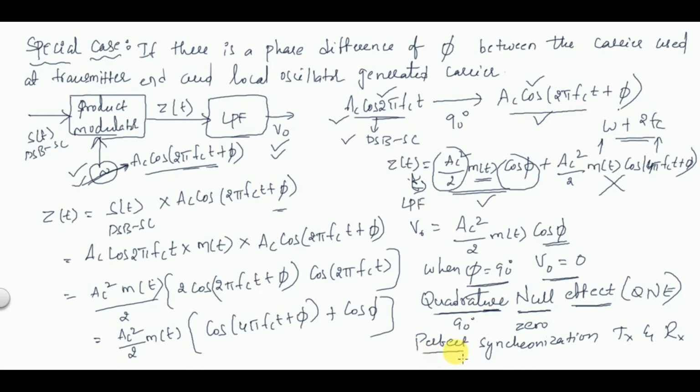If the phase shift is other than 90 degrees, then no problem, you will get some scaled output. cos φ will be some value, so V0 is again proportional to m(t). The problem is only if you have a 90 degrees phase shift between the carriers at the transmitting and receiving ends. Okay, so this is the special case of the synchronous detector.